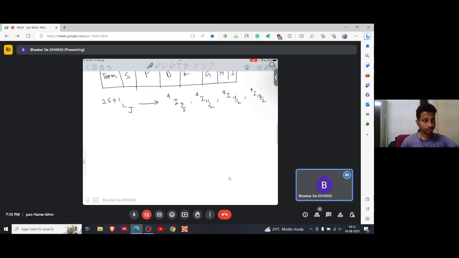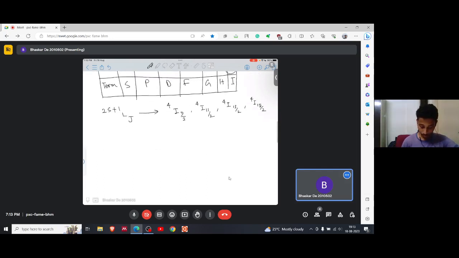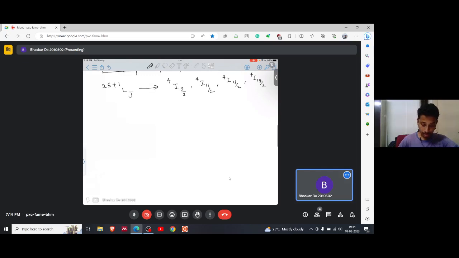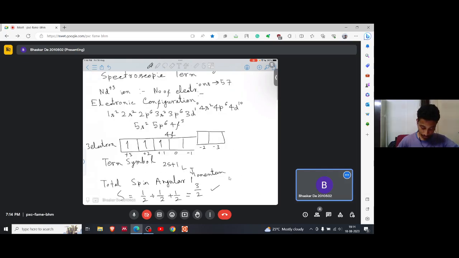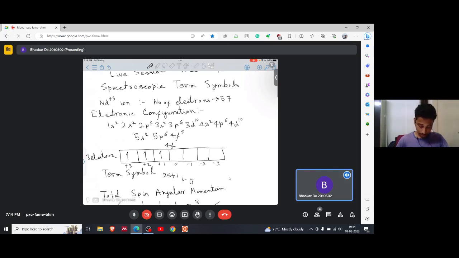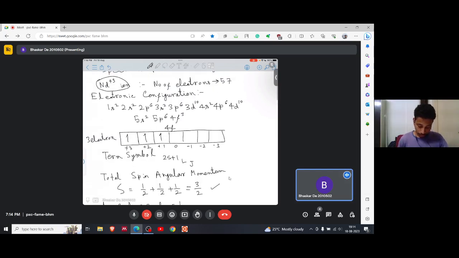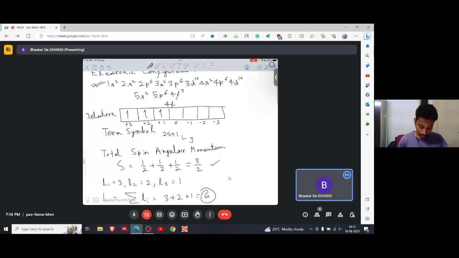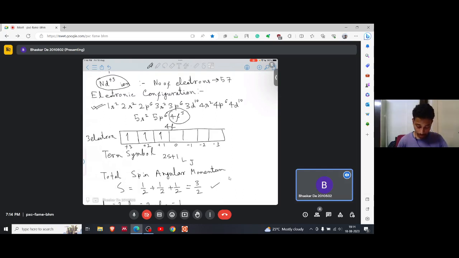Similarly, you can calculate the spectroscopic term symbol for the excited state. So this is how the term symbols or the names of the energy states are defined for the Nd+3 ion. From the electronic configuration, the last subshell is used, where there are 3 electrons in the 4f subshell.